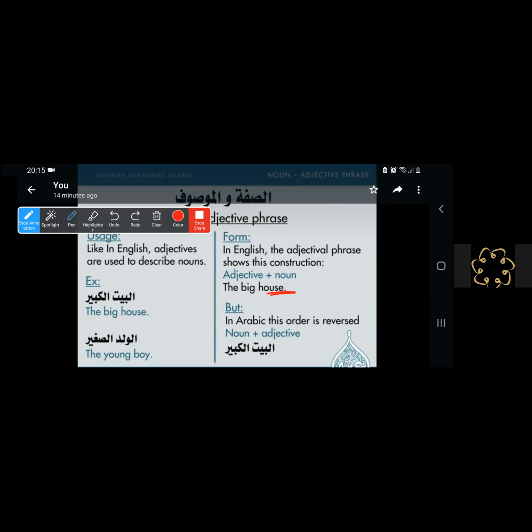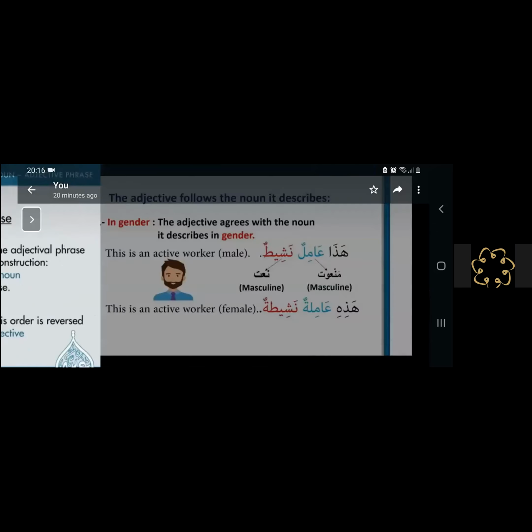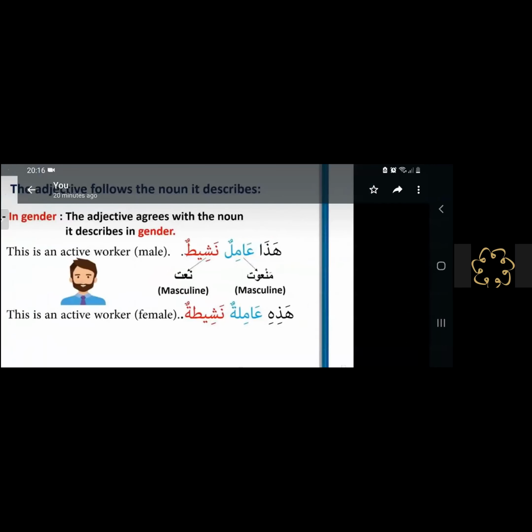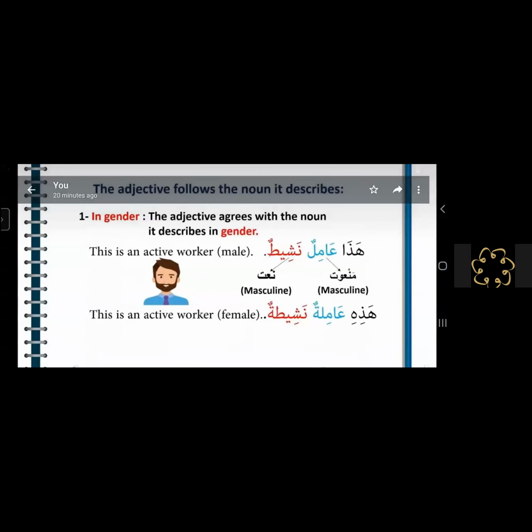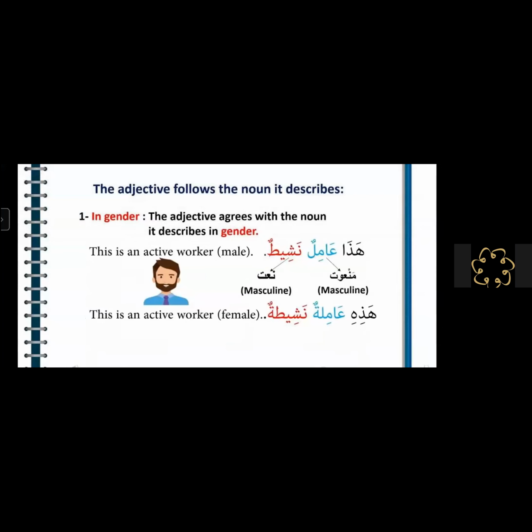Just start translating from the end. Opposite. In English, you say the big house, البيت, big, الكبير. That's it. تمام? So this is the first thing you must know about adjectives, that they are opposite to English. تمام. So they are telling you that adjectives follow the noun they describe.